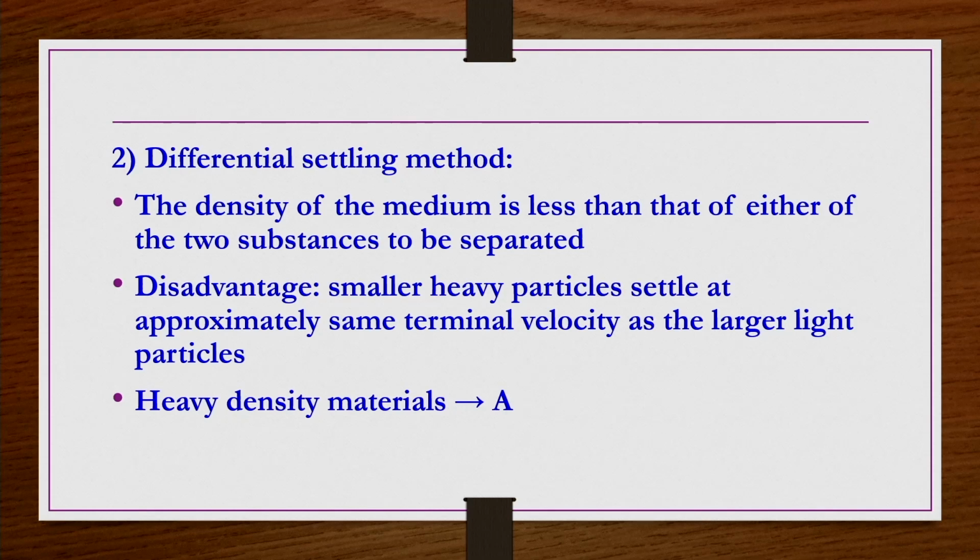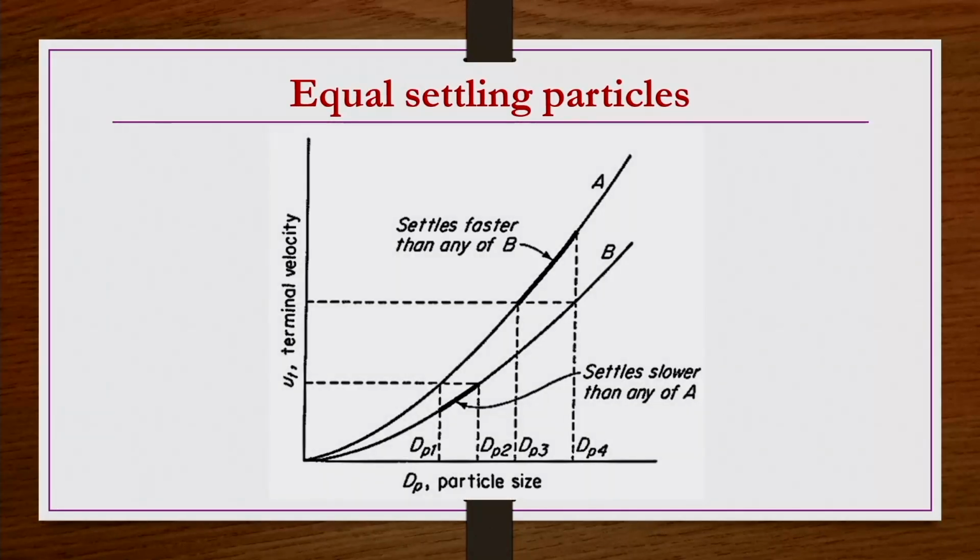Assume the heavy density material is designated as A and the lighter density material as B. If you measure their settling velocity for different sizes of these materials, then we can have equal settling particles. So now these are the settling velocities ut with respect to particle size, for A, the higher density material, and B, the lower density material.